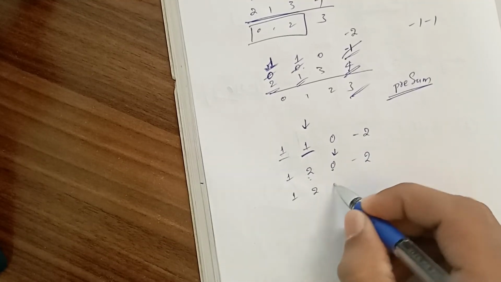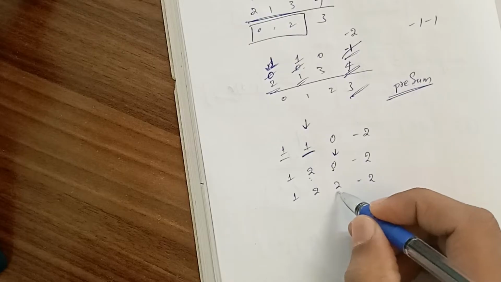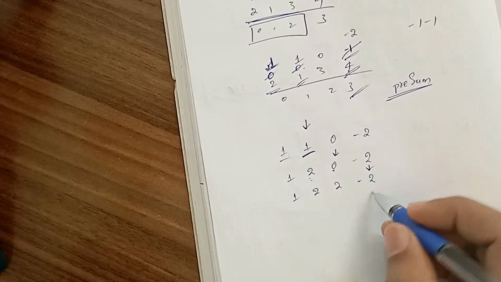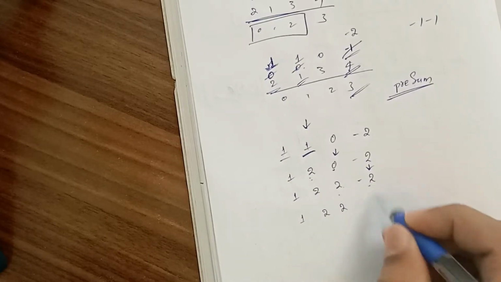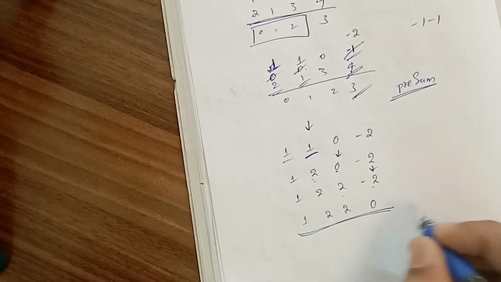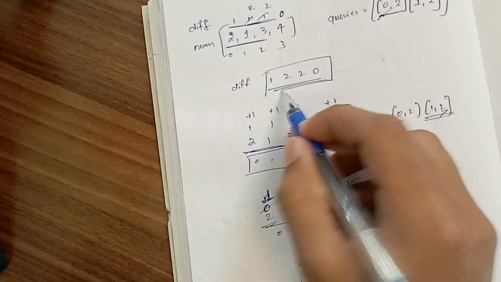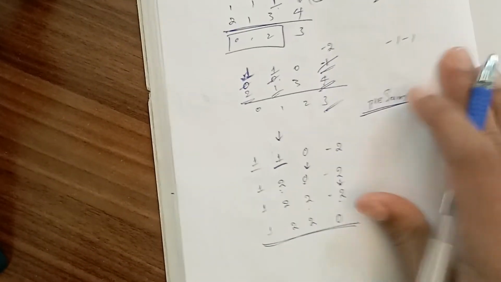Then it will become 2, and then we are at this index. Now we need to add the previous element. 1, 2, 2. 2 minus 2 will become 0. This is the difference array which we got earlier, 1, 2, 2, 0.